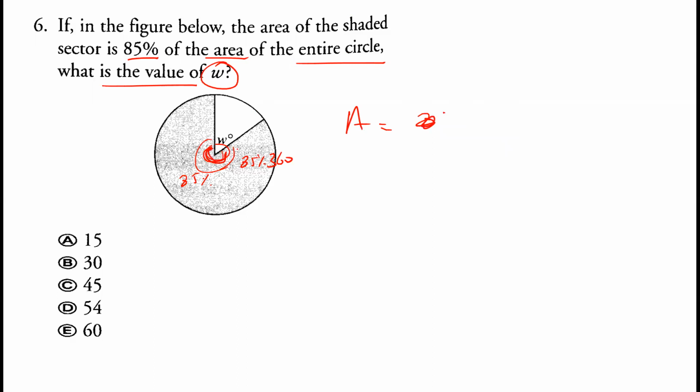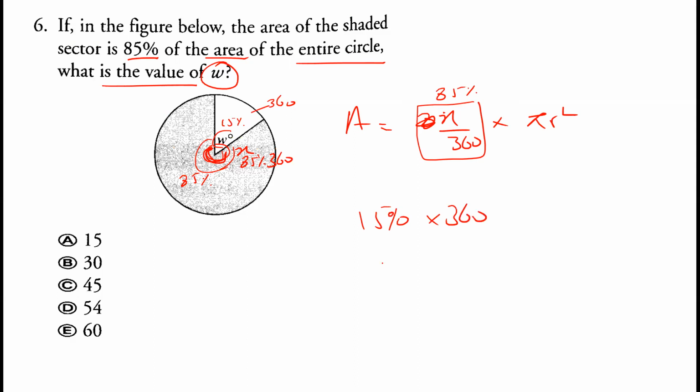Let's suppose this angle is x, so x divided by 360 into pi r squared, this expression would be 85%. Now we have this W. Now W would represent 15% of 360. Now 15% of 360 is 15 over 100 into 360.